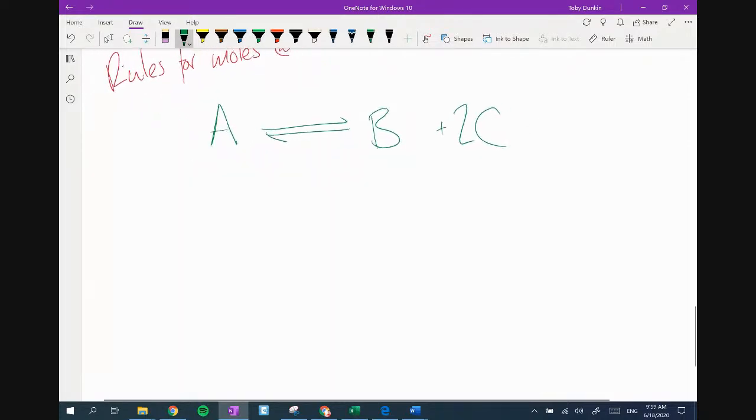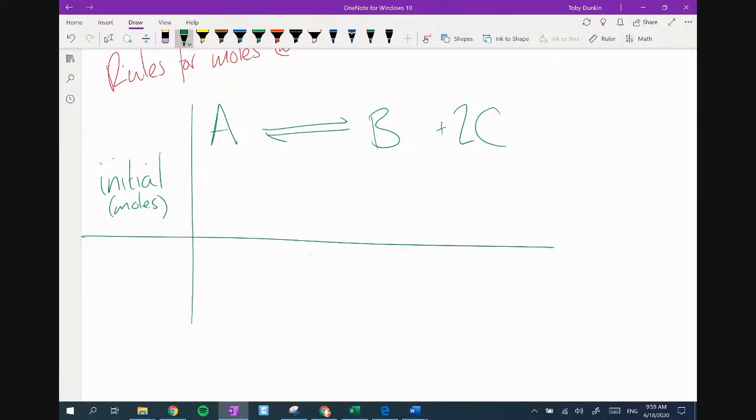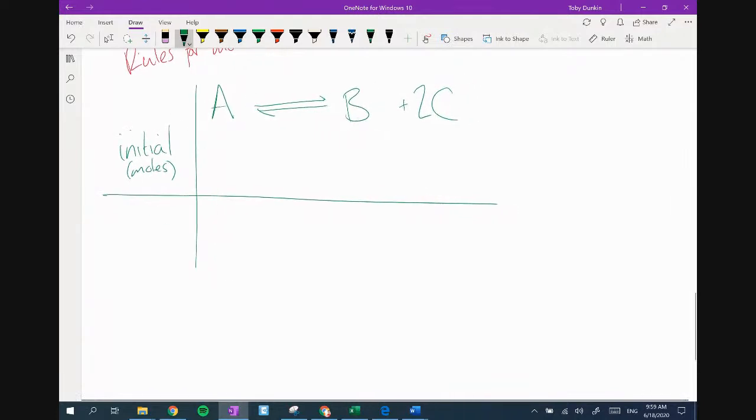What this now means is, if we have initial moles, and by the way, you have to be in moles. You can't use concentration in this setting. Initial, then we're going to have equilibrium moles. I'm going to have to fit it in now.